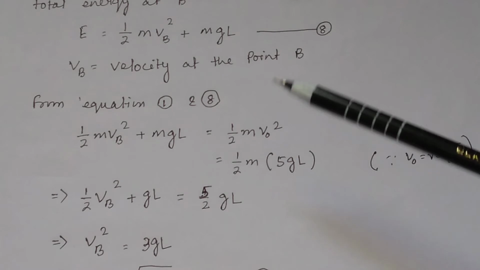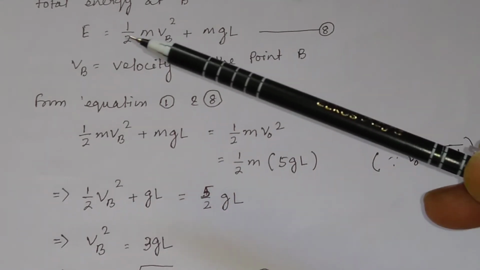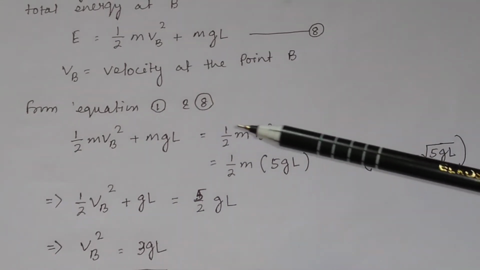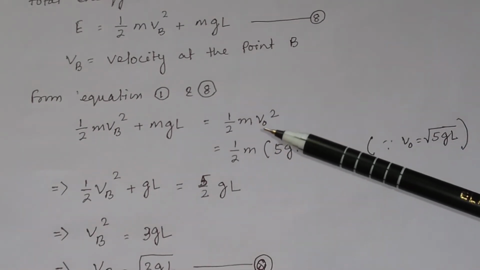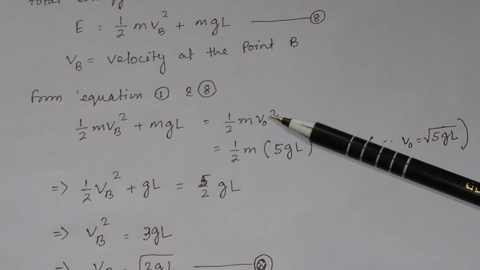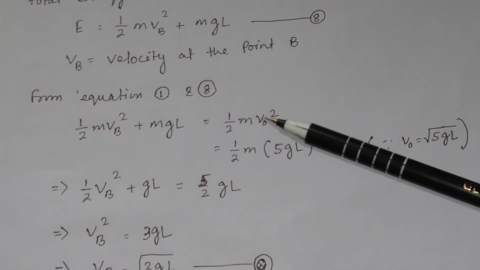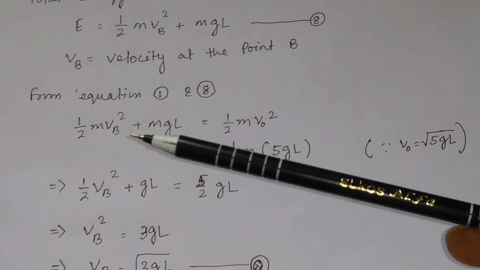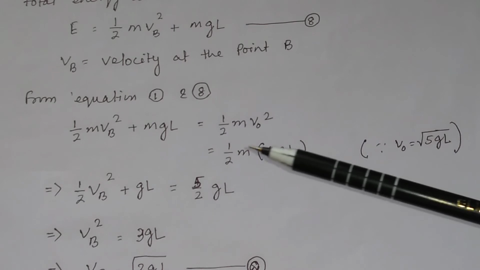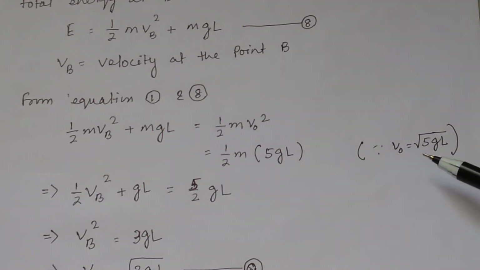From conservation of mechanical energy, this is equal to E. And we have also found out that at the lowest point the energy is equal to half m v naught square, and we know at every point the energy is the same, applying the conservation rule. So half m v naught square will be equal to half m vb square plus mgl, and we have calculated v naught equal to square root of 5 gl, the velocity at the lowest point.